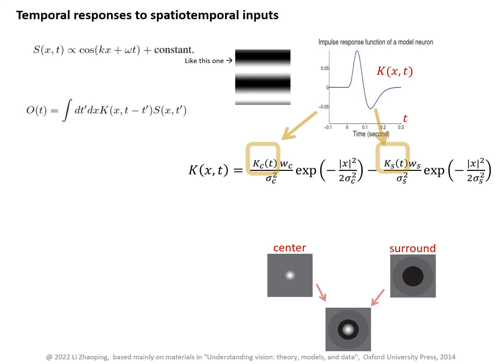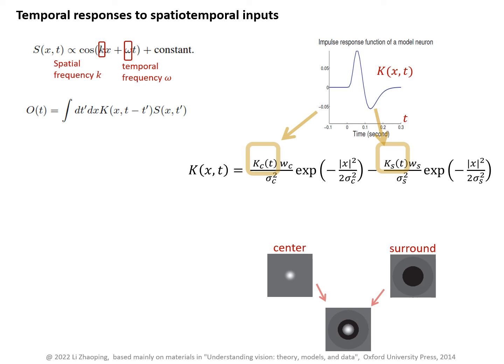If the visual input is a spatial-temporal sinusoidal traveling wave with spatial frequency k and temporal frequency omega, then the neural response will also oscillate in time, driven by the oscillating input. And this oscillation amplitude should be the Fourier transform of our spatial-temporal filter K(x,t).